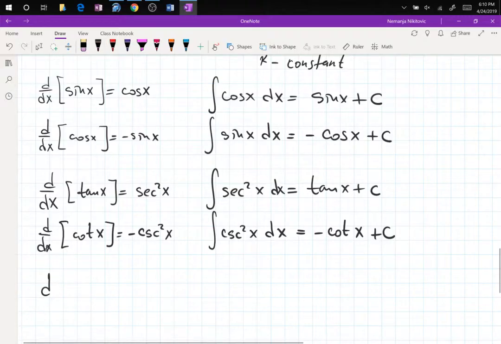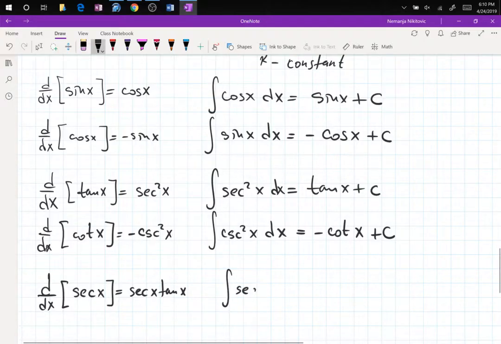The derivative of secant x is secant x tangent x. The integral of secant x tangent x dx is secant x plus c.